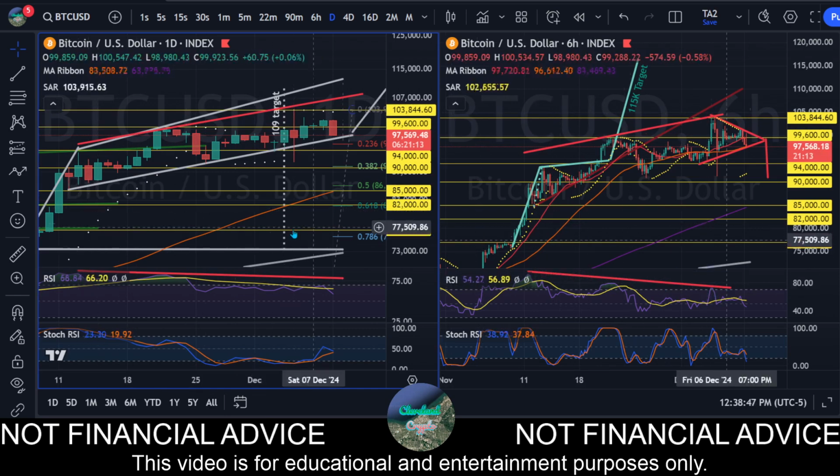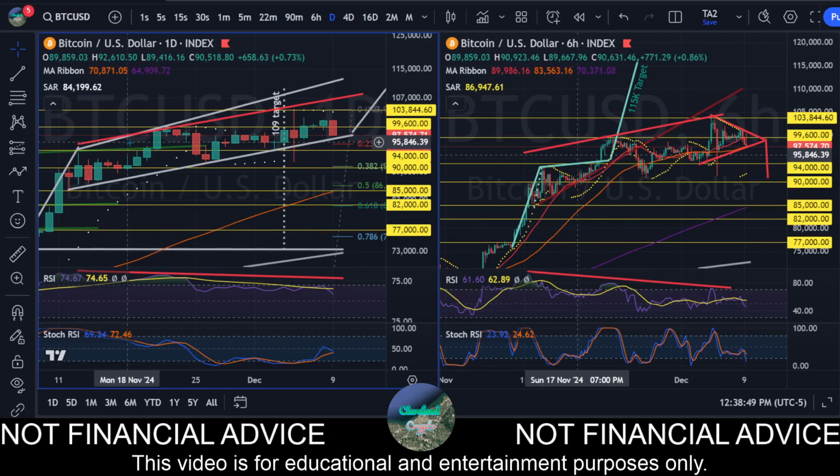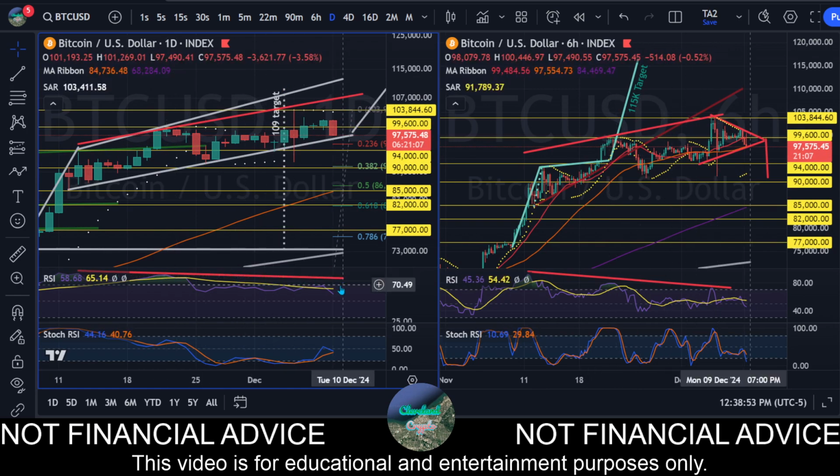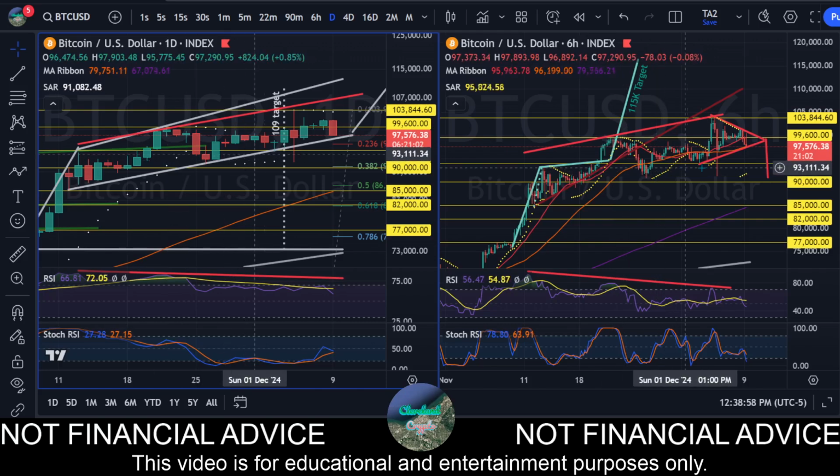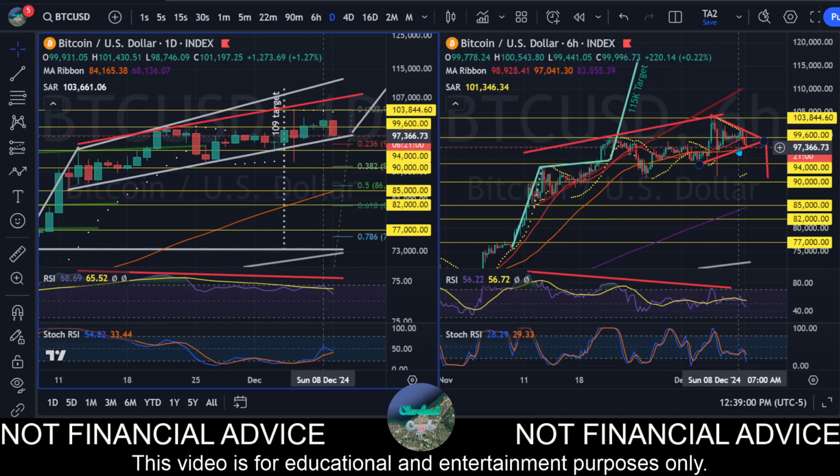The same divergence can be seen here on the daily as price action put in higher highs and RSI has also put in lower highs. Both of these bearish divergences support this play down to candlestick the wick and possibly even further, like we talked about in the previous videos.